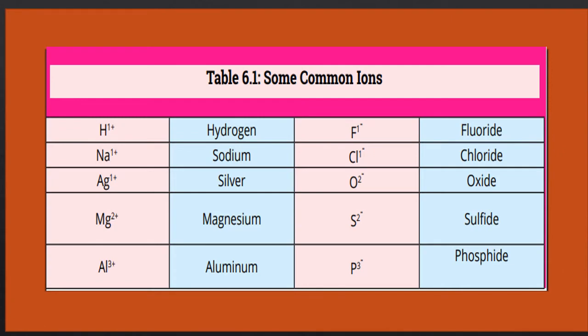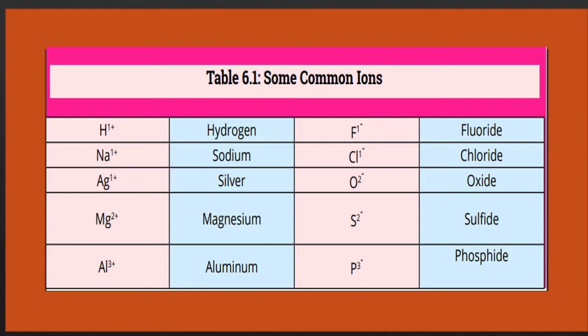Some common ions. As you've seen in this table, there are ions with positive and negative charges, and they are the ions that we use in our daily life, particularly to write chemical formulas. So let's have a look at this. Hydrogen H+, sodium Na+, silver Ag+, magnesium Mg2+, aluminium Al3+.